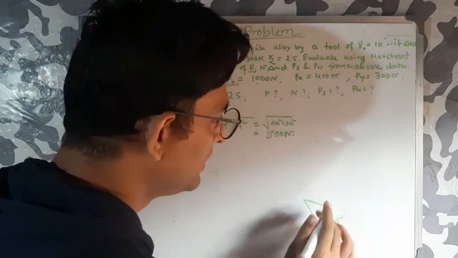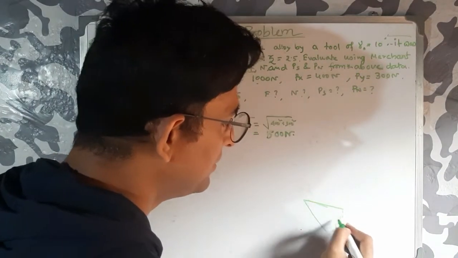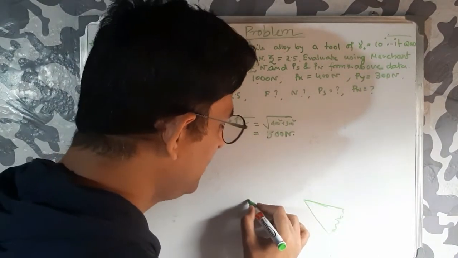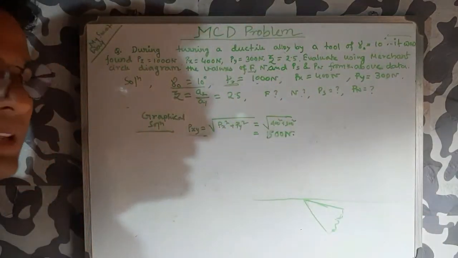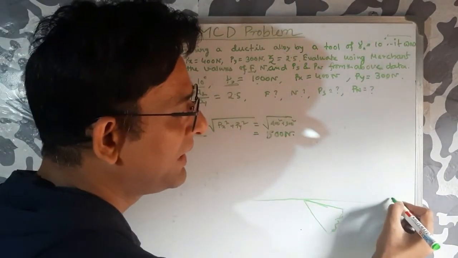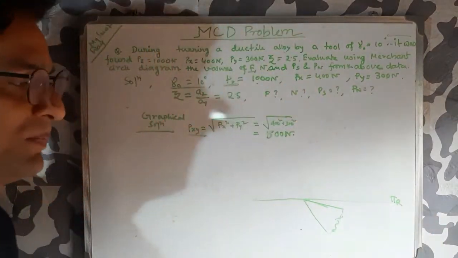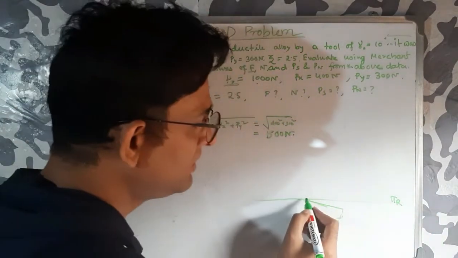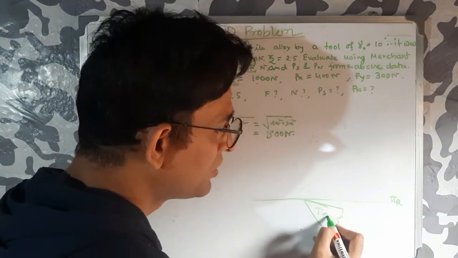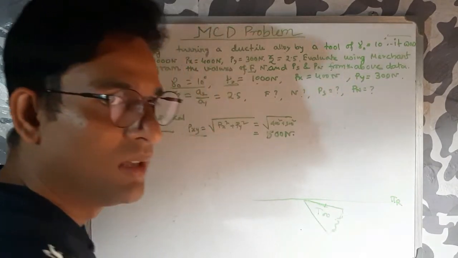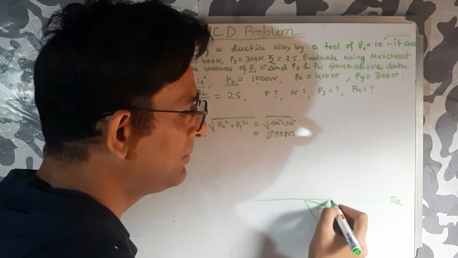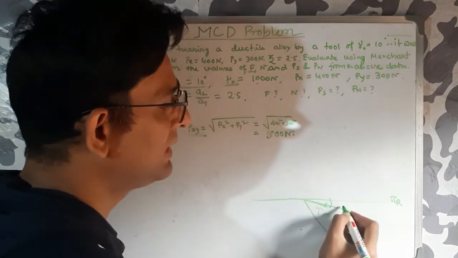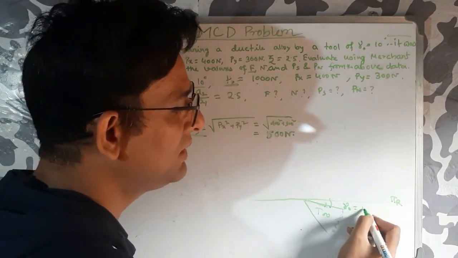If we draw a horizontal line like this, it can be represented as the pi r plane. Pi r means the reference plane. This is the reference plane, this is the cutting tool, and this is the rake surface. The rake surface and the pi r plane have an inclination angle, that is gamma 0, and this value is 10 degree.